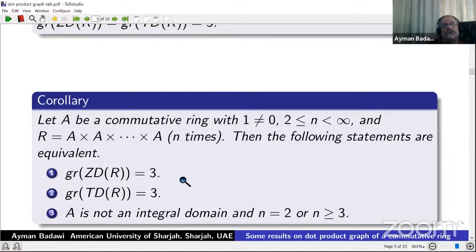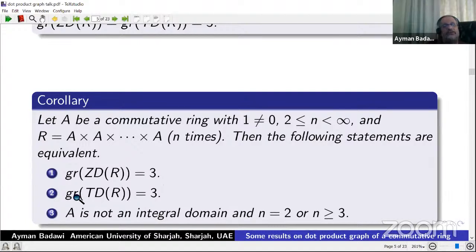Okay, here is another connection between the structure, as I call it, and a graph. If you take R to be a product of n copies of A, and n is bigger than or equal to 2, then these statements are equivalent. If you tell me the girth of the zero dot product graph is 3, it's the same as if you tell me the girth of the total dot product graph is 3.